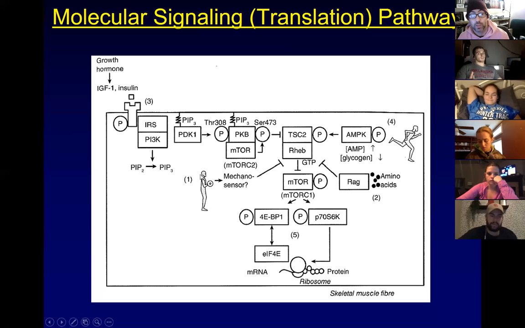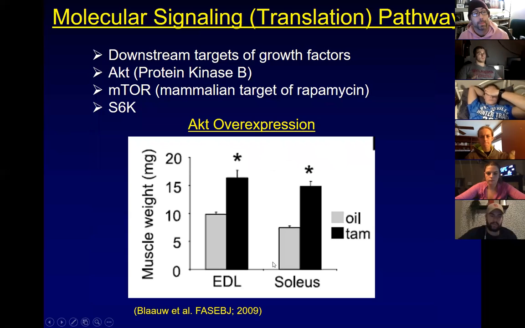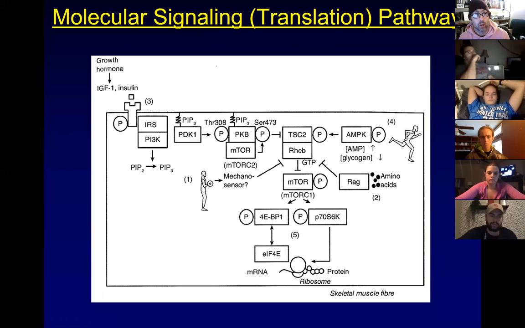But then there may be some mechanosensitive thing that plays a role with these other ones, that actually inhibits the thing that inhibits mTOR, and so then mTOR can get activated, and we're going to get hypertrophy.